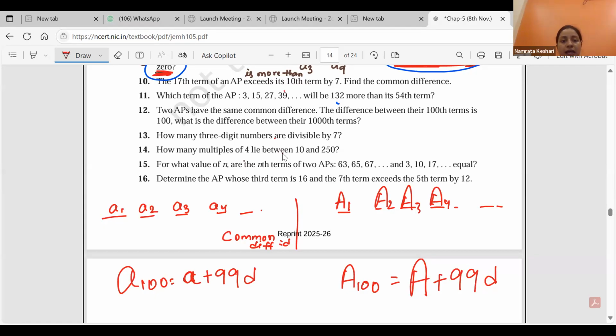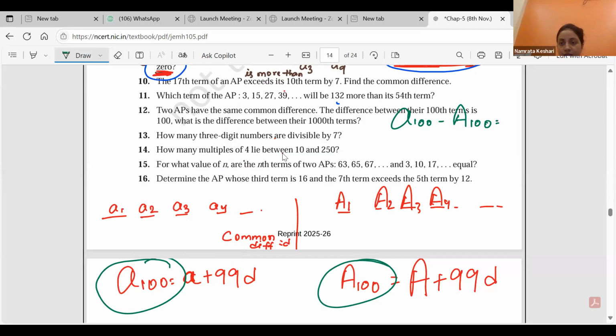Now it says two APs have the same common difference, the difference between their 100th terms. Difference, this one and this one's difference, is 100. That means small letter a plus 99d minus capital letter A, the other AP's first term, minus 99d.